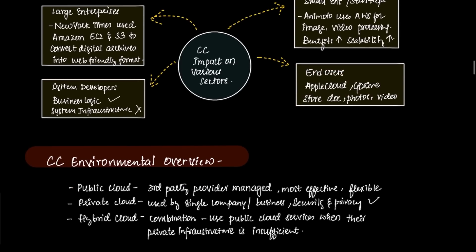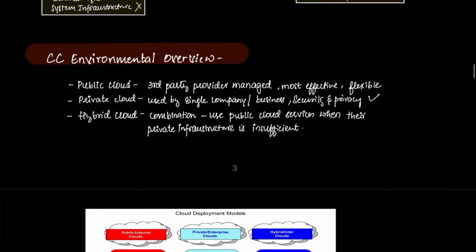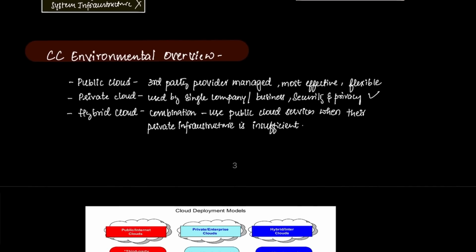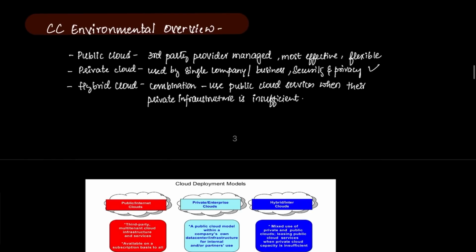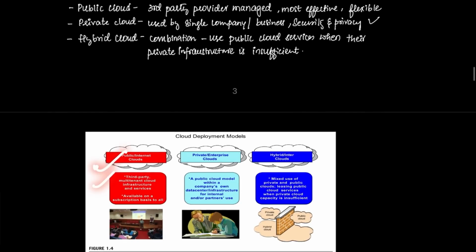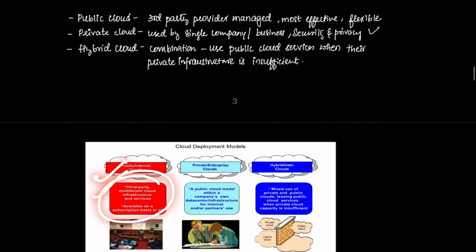Next, we have environmental overview. So environmental overview, we have three parts here. First one is public cloud. So public cloud is the third party provider which is managed by the third party, and it is easily accessible, available for everyone, and it is most effective one and flexible. So that is an example of public cloud. Coming to private cloud is restricted to a particular company or particular business.